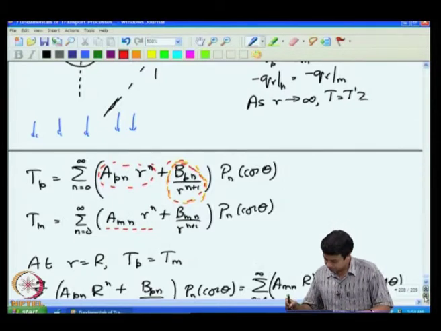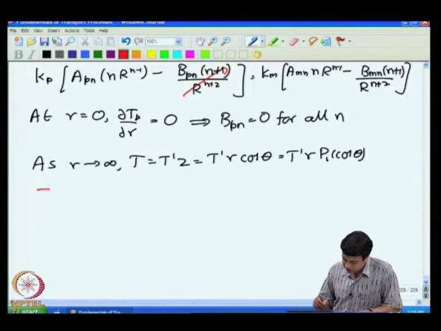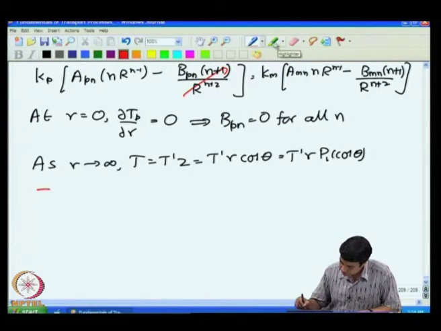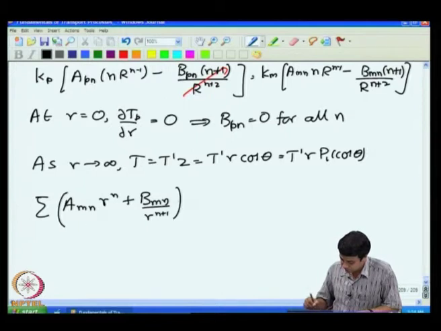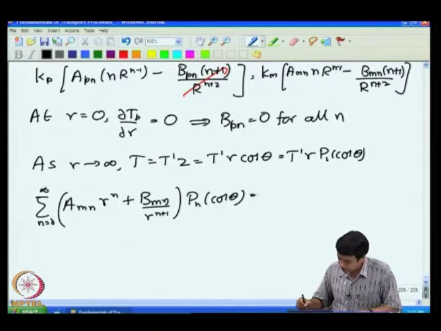So, I require that the summation over n equal to 0 to infinity of (A_mn r^n + B_mn / r^(n+1)) P_n of cos theta is equal to T' r cos theta.